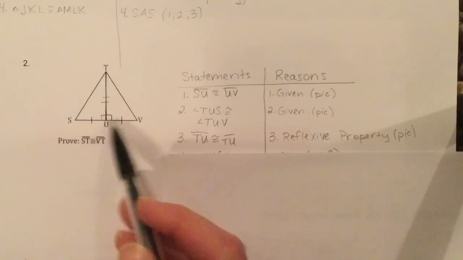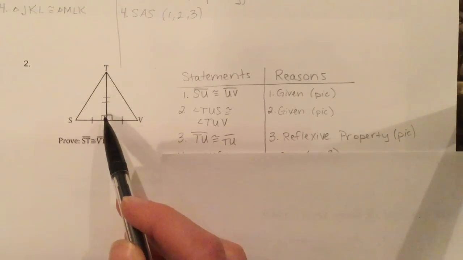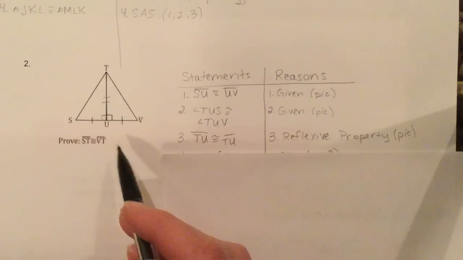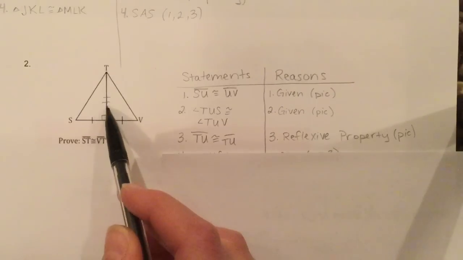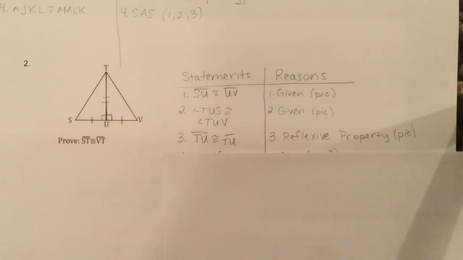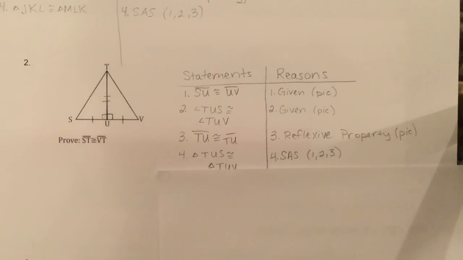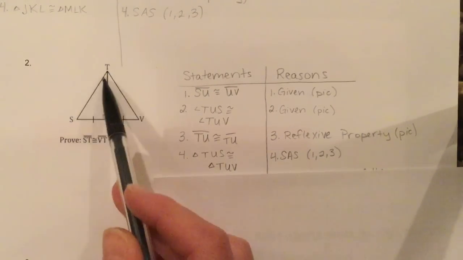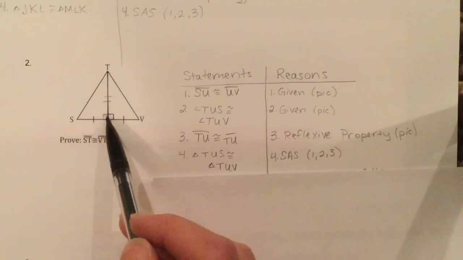Now I have enough information to say I have two congruent triangles here. I have a side on each triangle, angles on each triangle, then a side on each triangle. So side, angle, side. So triangle TUS is congruent to triangle TUV.